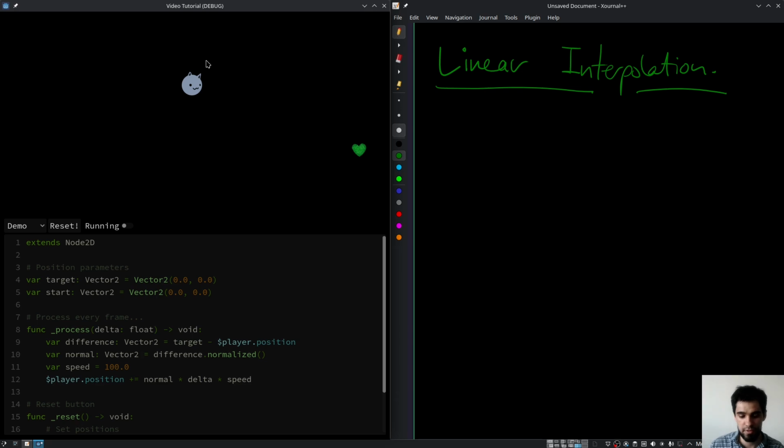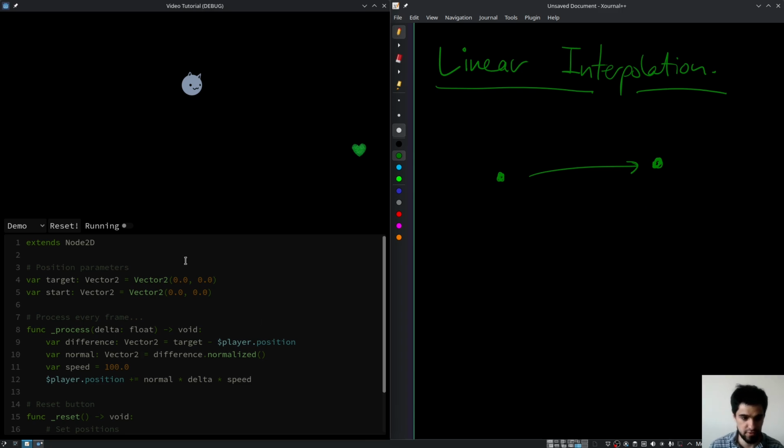But sometimes we want to be able to control exactly how long it takes us to reach our objective. So whenever we have something that is somewhere, and we want it to be somewhere else at a specific time, what we can do is use linear interpolation.